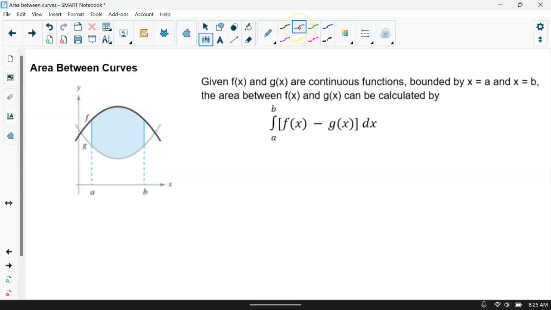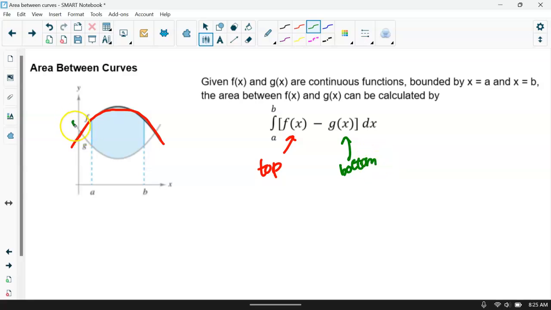So to find the area between the two curves, because now we have two functions, that means we're going to subtract f of x minus g of x. Keep in mind when we're talking about f of x, we're talking about the top function, so the top function minus the bottom function.